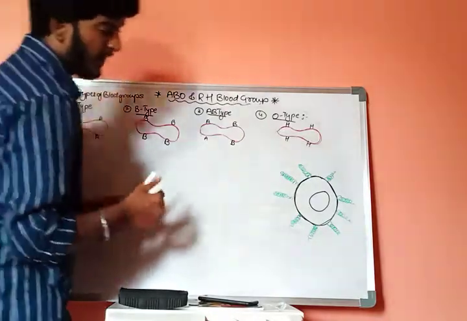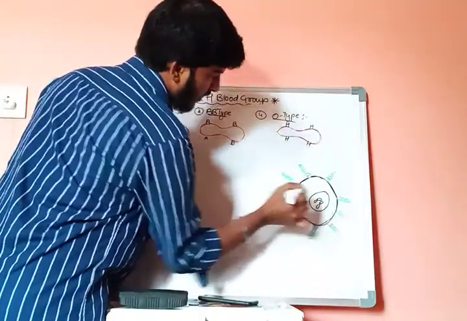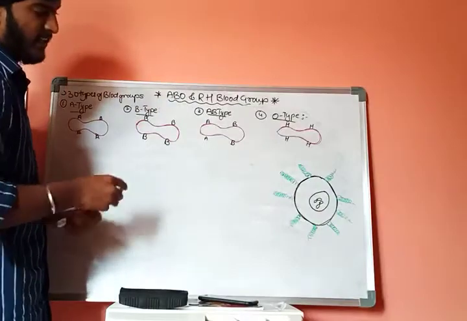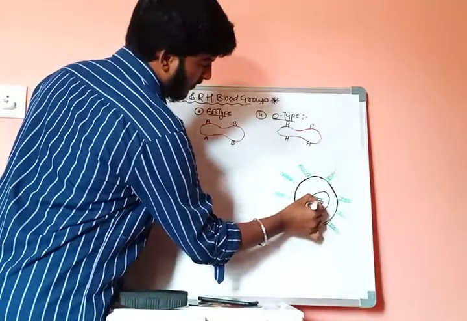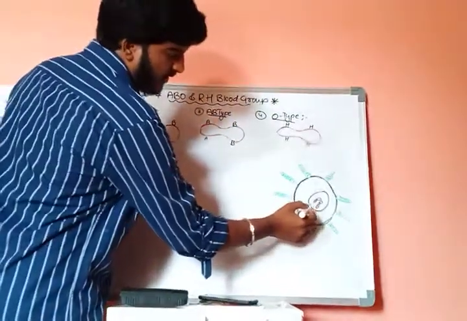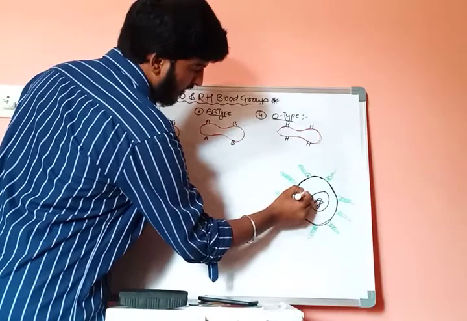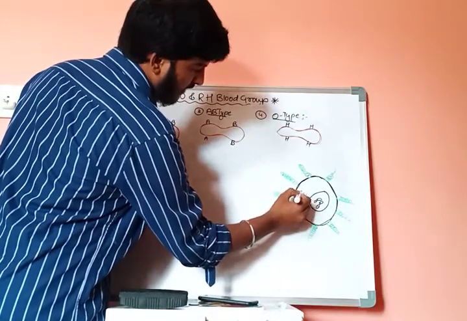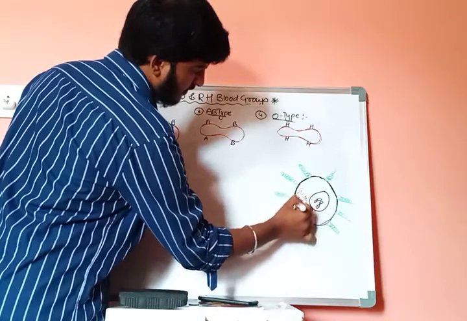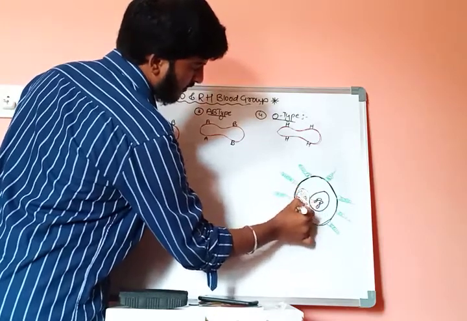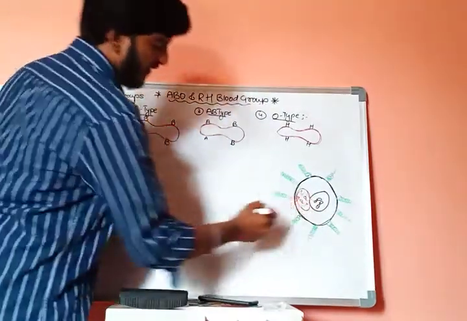There is chromosome number 19, which contains a special type of gene. This gene produces a special type of enzyme, N-acetyl galactosamine transferase.